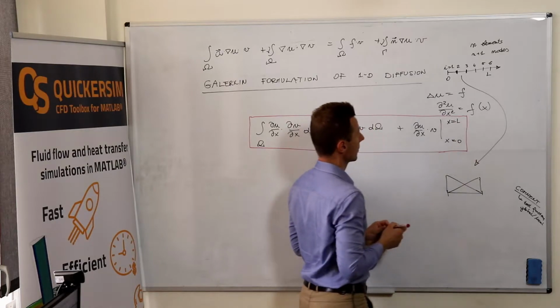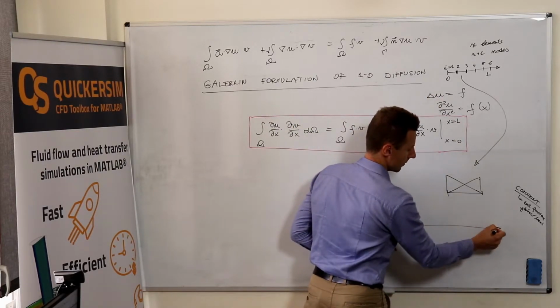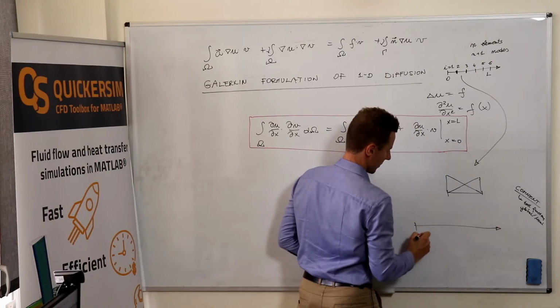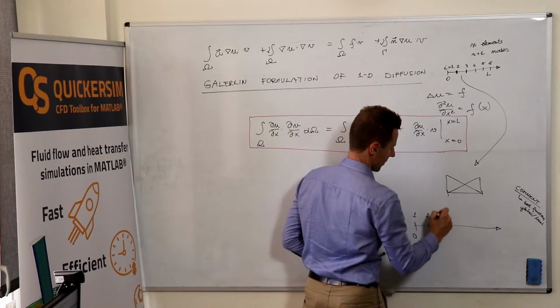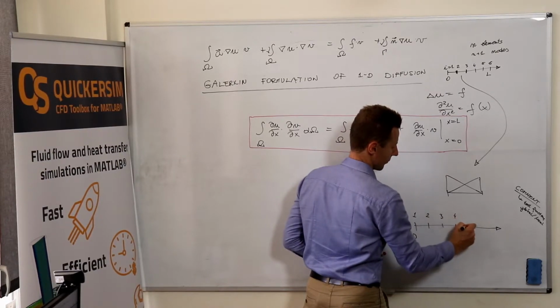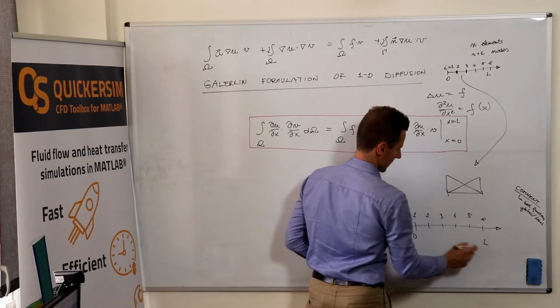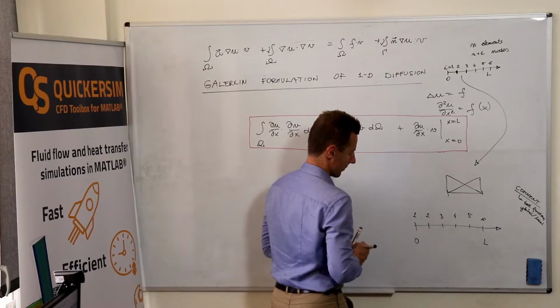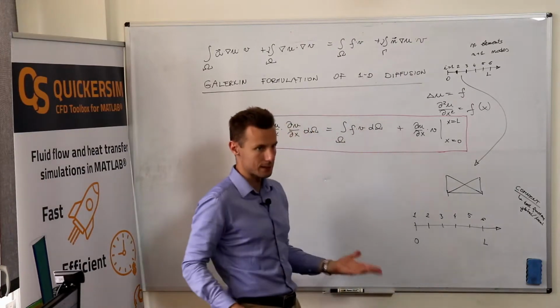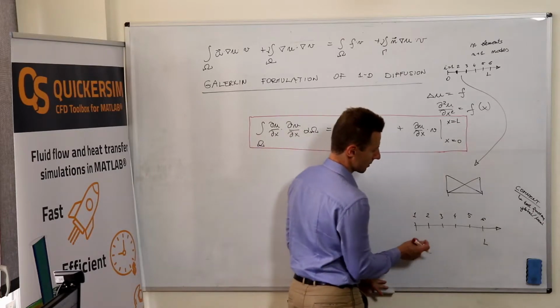The test function, okay, I will touch this comment. The test function, let me redraw that a bit bigger. 1, 2, 3, 4, 5, 6. It's 0, it's L. How does a test function for the third node look like? It looks the following.